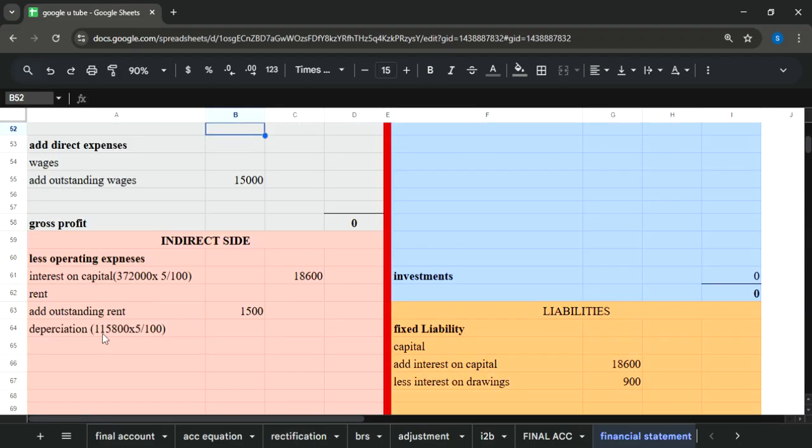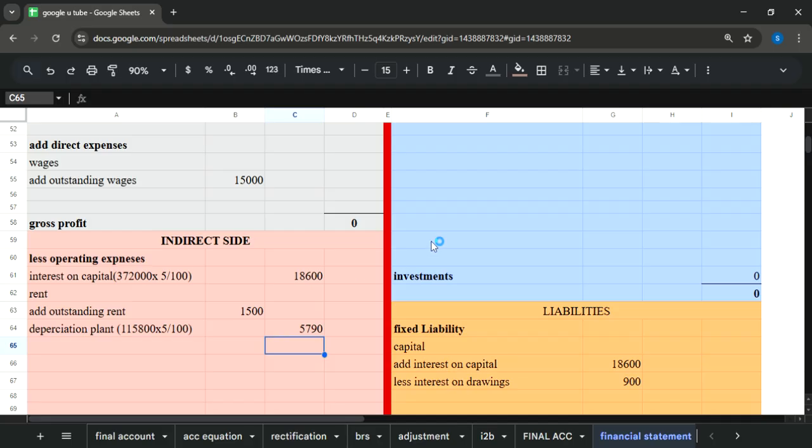We can mention as well that this depreciation was of plant. So here it's better to mention. And this depreciation was calculated: 115,800 was the amount of plant, we have multiplied by 5 divided by 100. So depreciation has been calculated.